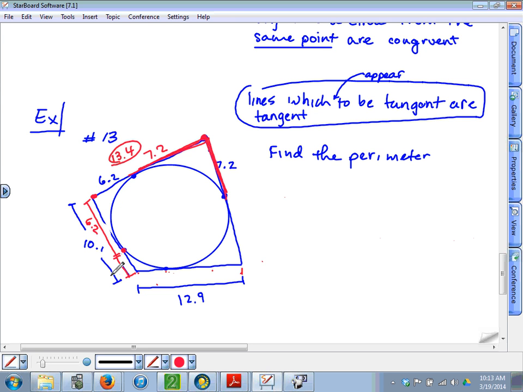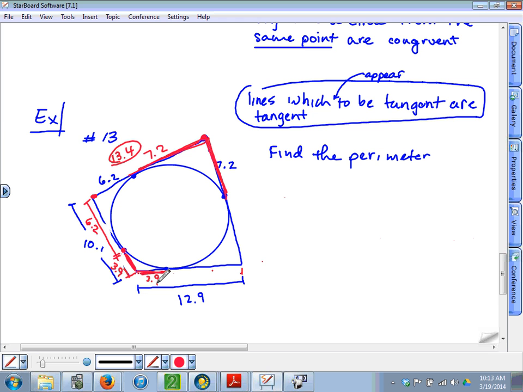If the whole entire length is 10.1 and that portion of it is 6.2, then you do 10.1 minus 6.2, and that's 3.9. Now, if this little guy right here is 3.9, what's this little guy? 3.9.